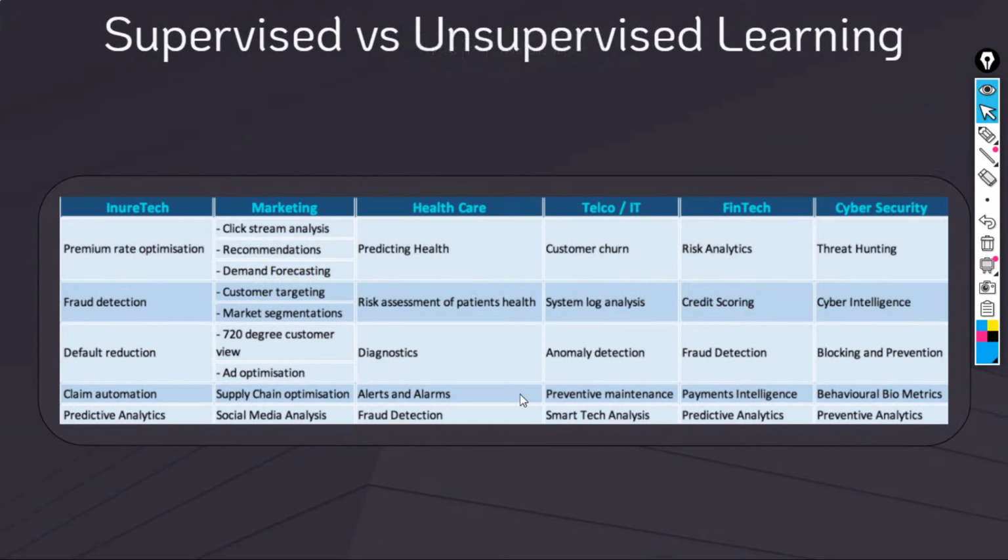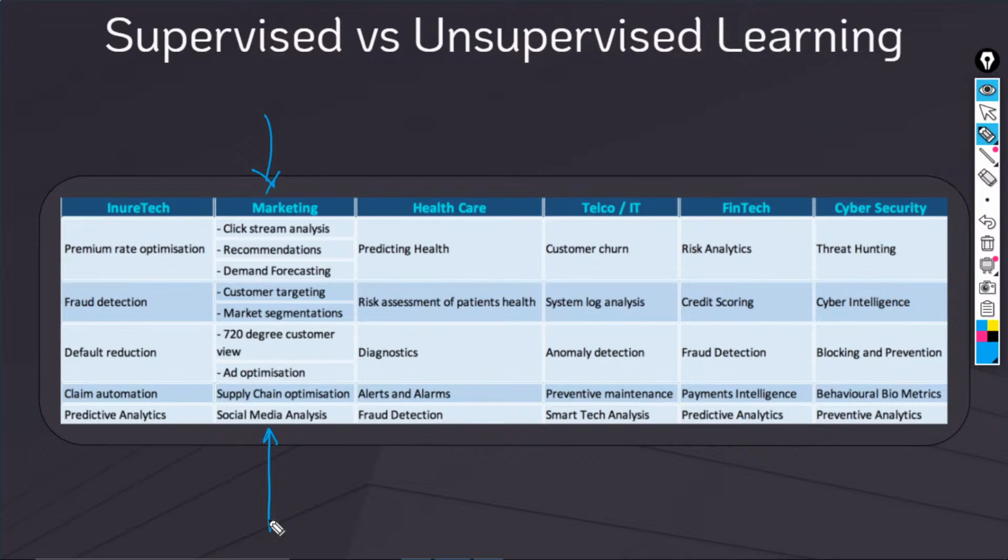And just to give you another small look at the different kinds of streams that we have within every field or branch. For example, within marketing, there are so many applications that we work on. And then we have healthcare.